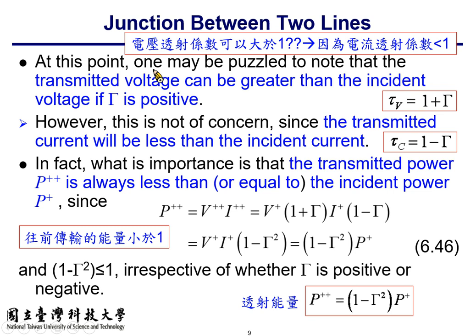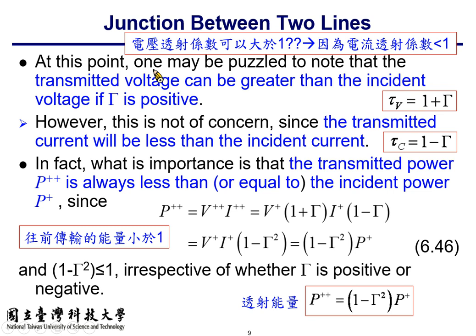The general case is that the reflection coefficient can be a complex number, but the magnitude of the reflection coefficient is equal to or smaller than 1 for passive circuits, for basic elements. What is a basic element? A passive component. What is a passive component? A non-active component. What is an active component? Anything that needs to be plugged in for power is an active component, like a diode or a transistor. But for passive circuits, for passive components, the reflection coefficient magnitude is always equal to or smaller than 1.